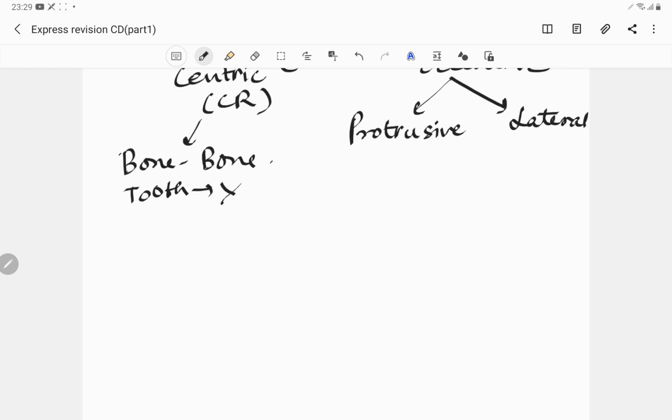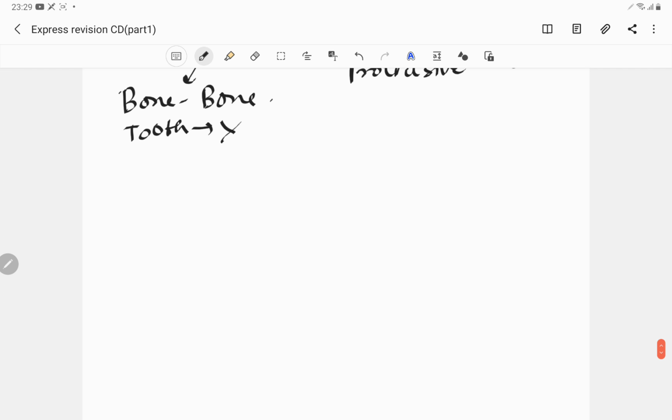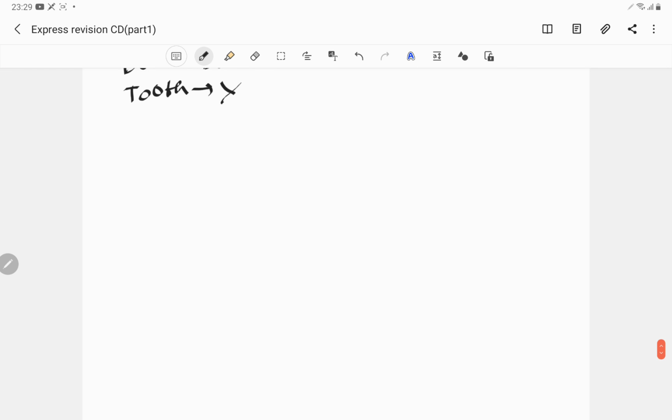We have studied that rotatory movement of the condyle happens when the mouth opening is 20 to 25 millimeters, or when the condyle rotates below 13 degrees. So 10 to 13 degrees rotation, we see pure rotary movement, which is the centric relation. So what is the need of recording the centric relation? See what happens in the CD patient. Okay, in the CD patient there are no teeth.